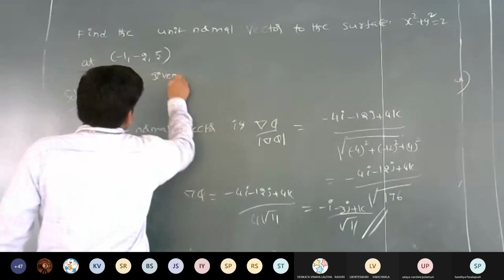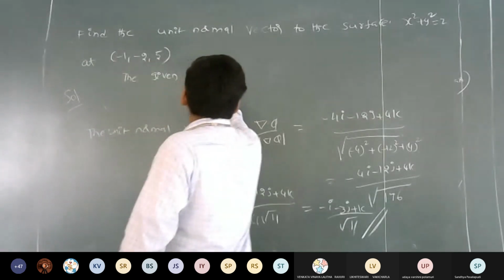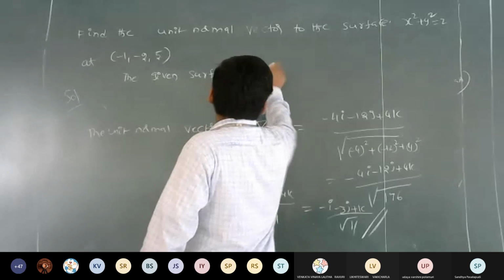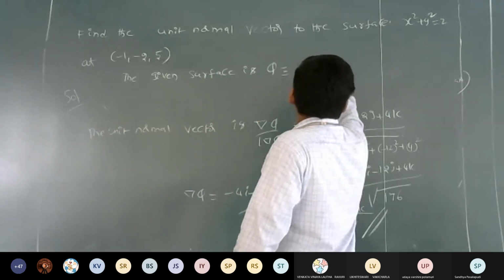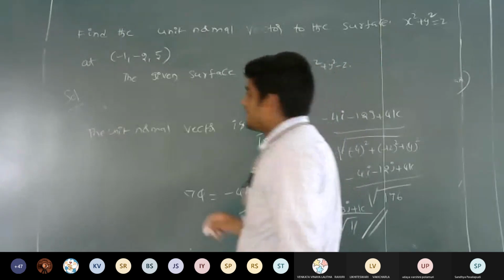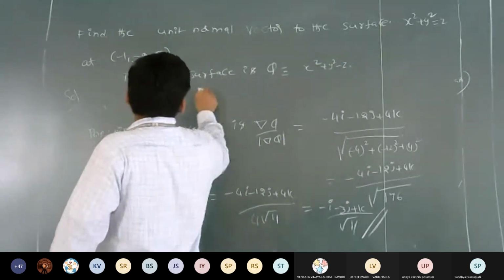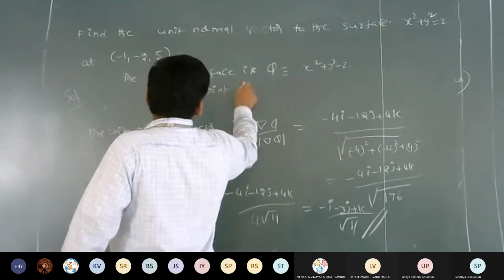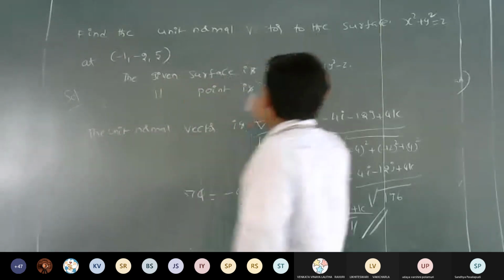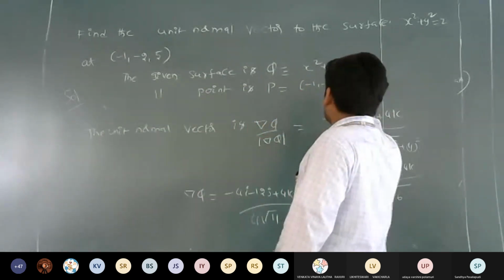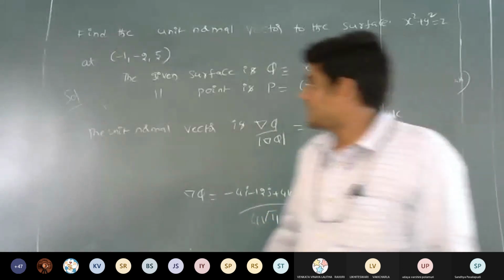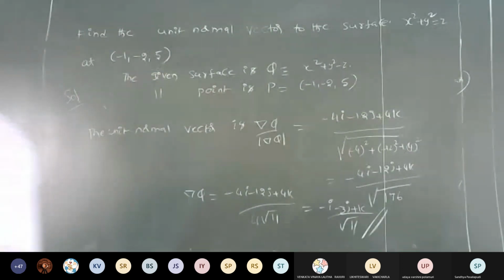The given surface is phi is equal to x square plus y square minus z. Next, the given point is minus 1 comma minus 2 comma 5.